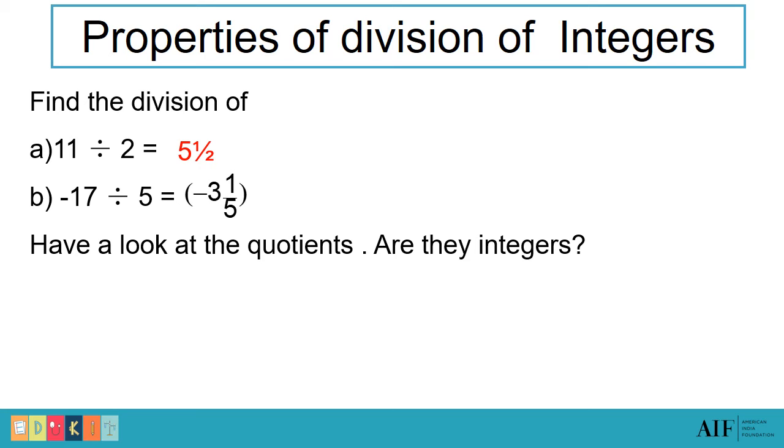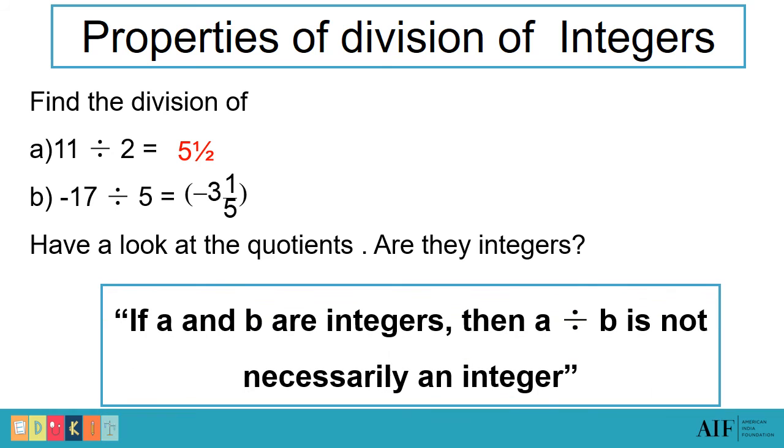Minus 17 by 5 we convert into the mixed fraction minus 3 and 1 by 5. If a and b are integers, then a divided by b is necessarily an integer? Already here we showed that 5 and a half is not an integer, minus 3 and 1 by 5 is not an integer.